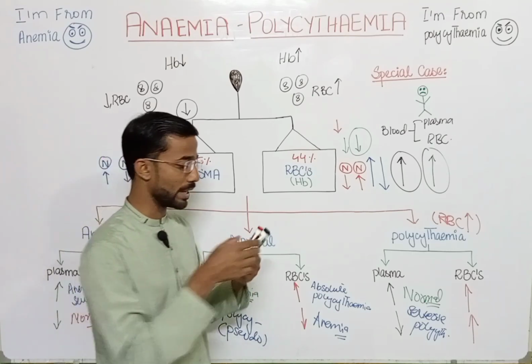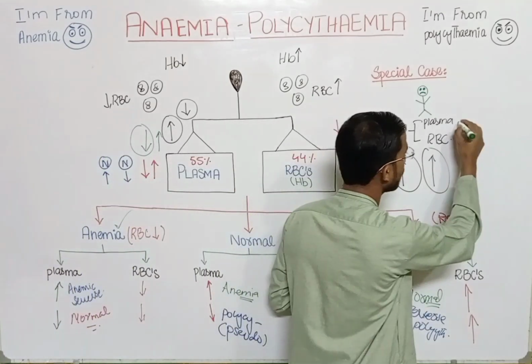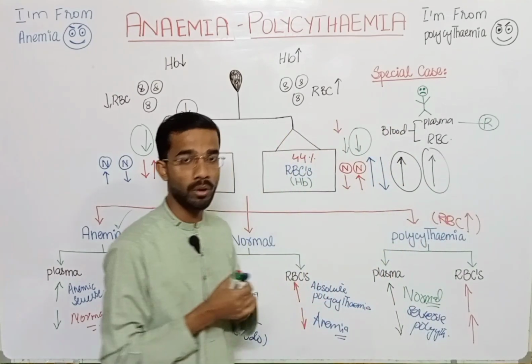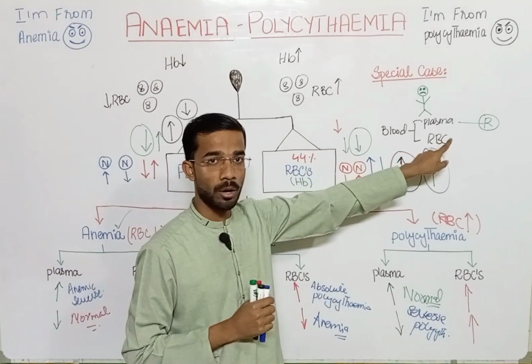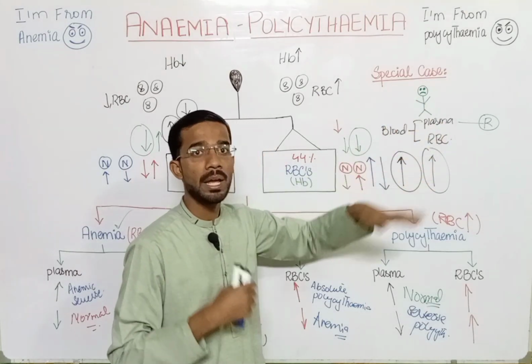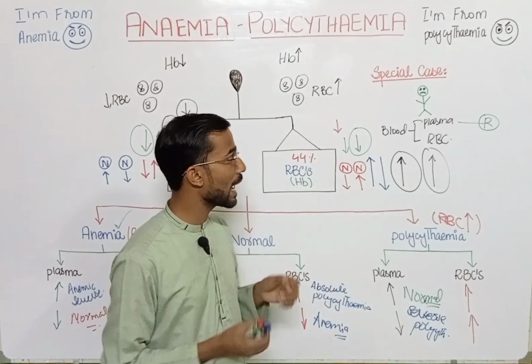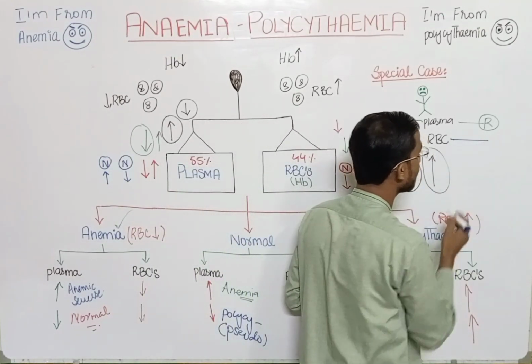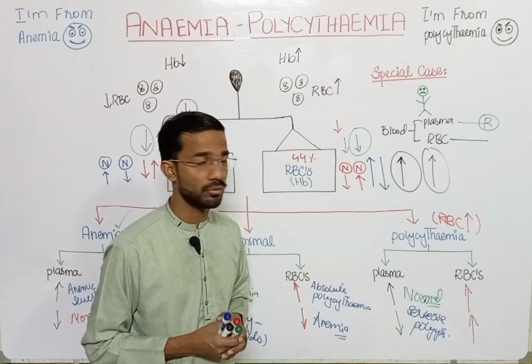Now, after a few days, you will see the plasma of his body will normalize, or you can say the plasma of his body becomes recovered. Even at that time you will not see the production of RBCs.